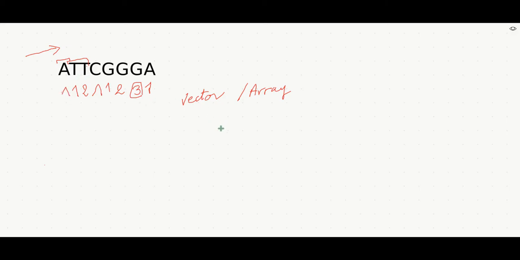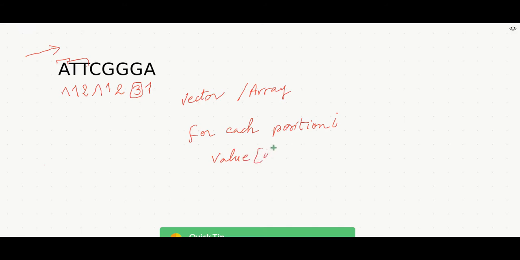Then for each character at position I, the value at I is equal to 1 if the character at I is different from the character at I minus 1.